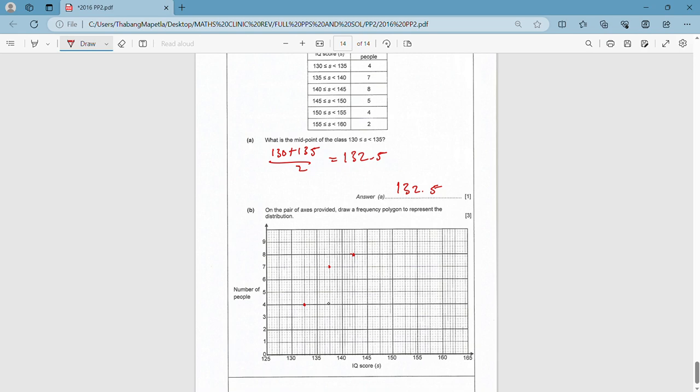And then 147.5 for 5, and then 152.5 for 4, and then 157.5 for 2, and then 162.5 for 0. Then we are simply going to join these with straight rulers, so that gives us the polygon.